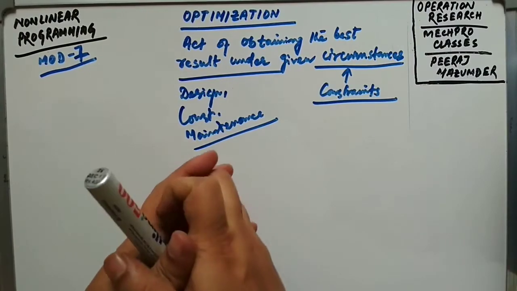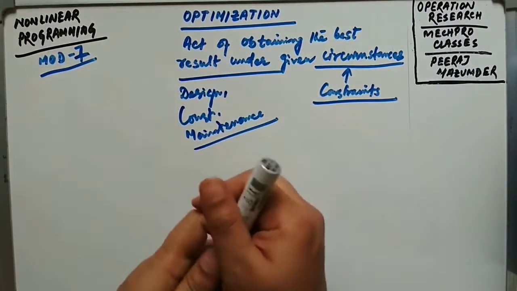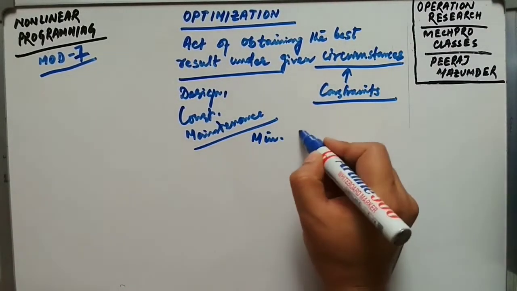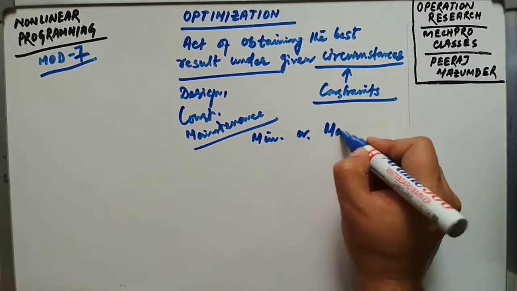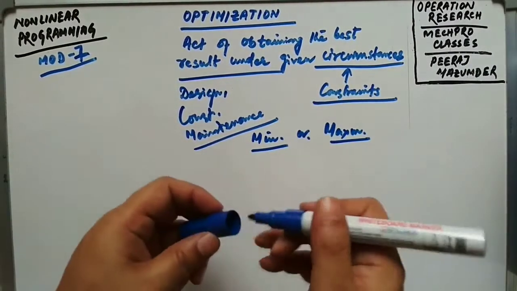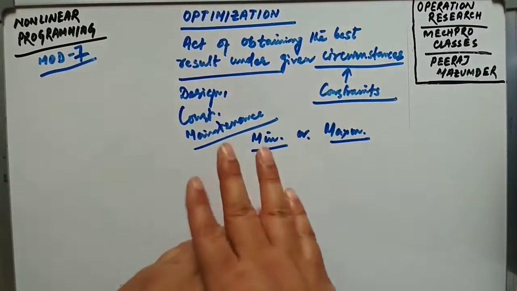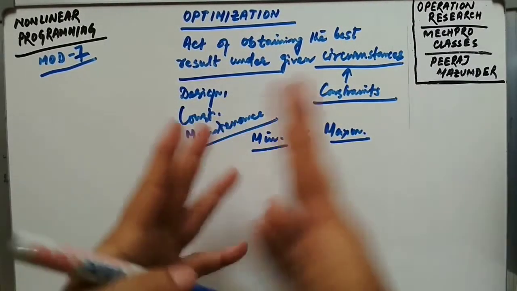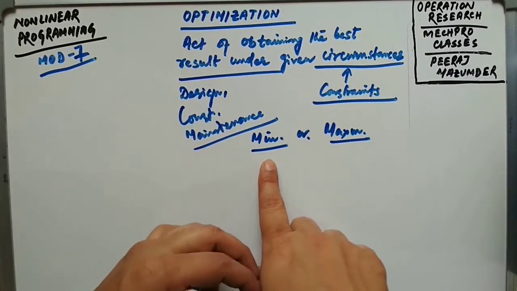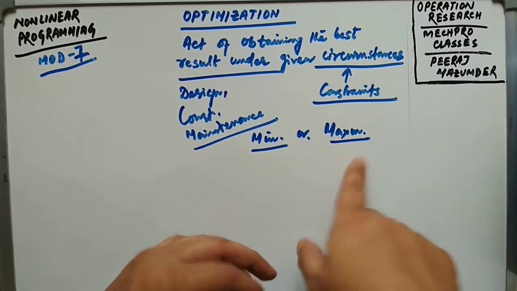The ultimate goal of all these decisions is either to minimize the effort required or to maximize the desired benefit or profit. You already know these things; I am just reminding you with a small session first, then we will proceed to nonlinear programming.